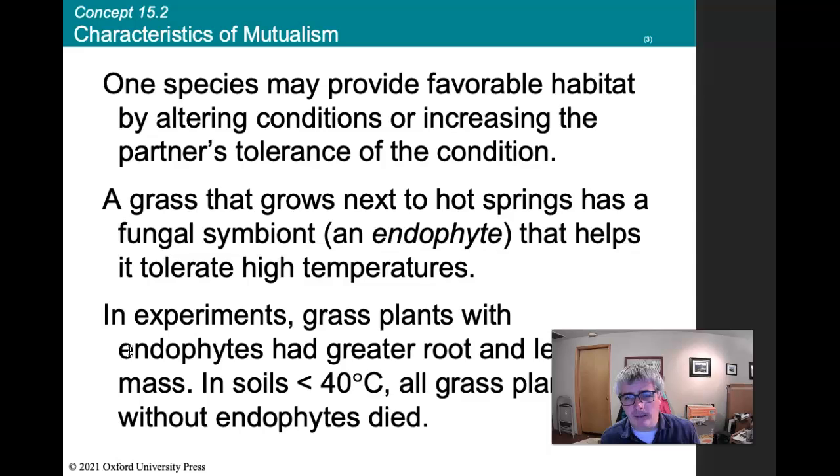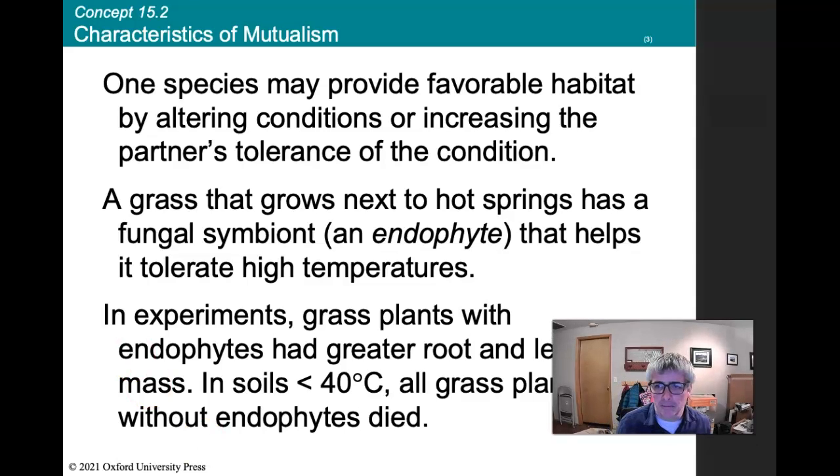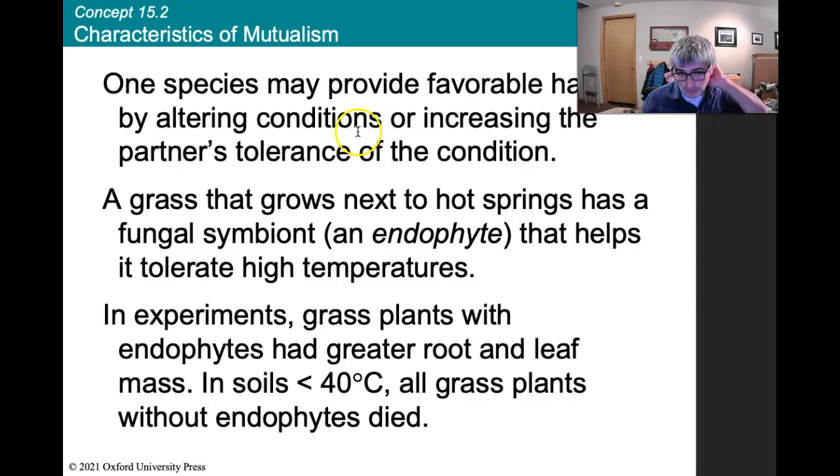And one species may provide favorable habitat by altering the conditions or increasing the partner's tolerance of the condition. And this is an interesting example of a grass that grows next to a hot spring. It has a fungal symbiont, an endophyte, endo inside, phyte plant, that helps it tolerate high temperatures. They looked at this fungal symbiont in this grass, and if you remove the fungal symbiont and grow the grass in these warm soil temperatures near these hot springs, they all die.